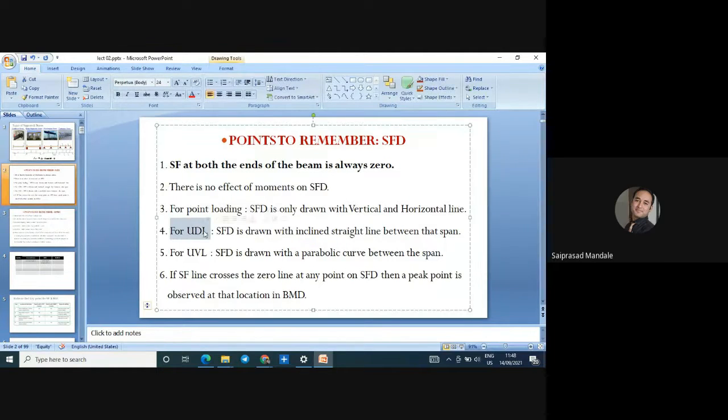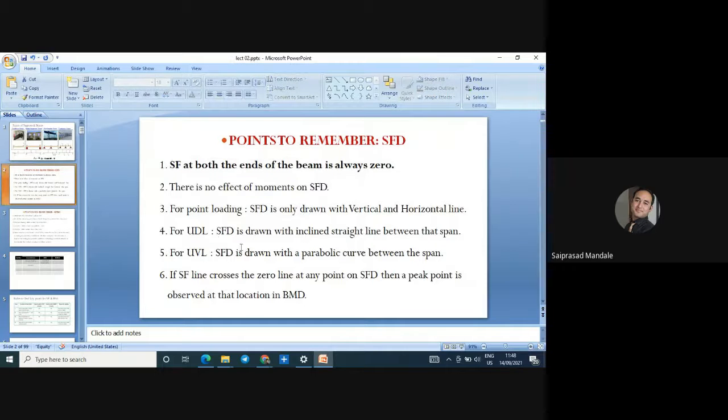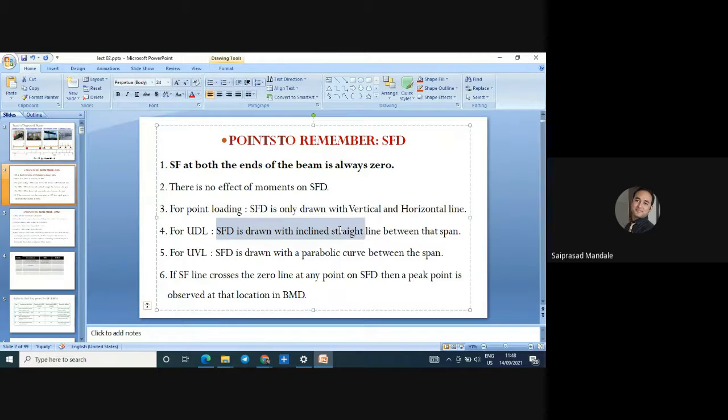For UDL, when there is a UDL, SFD is drawn with an inclined straight line.